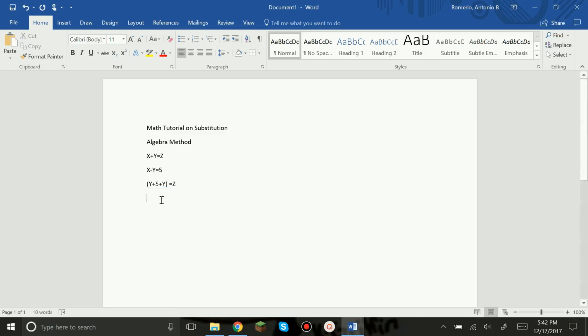Why does this matter? Well, this means that 2y plus 5 equals z. And of course, if we knew z, let's say z was 25, then we could say that 2y equals 20, and so y equals 10.